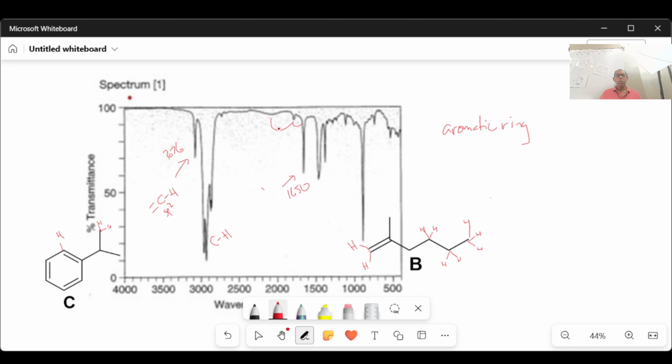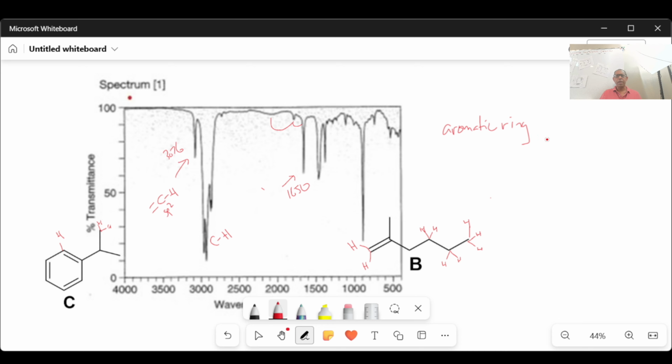You can see small peaks with specific patterns from around 1600 to maybe about 1800. You'd see peaks around here for an aromatic ring. But if you don't see an aromatic ring, which is the case in this spectrum, maybe this compound is not C, rather it belongs to compound B.